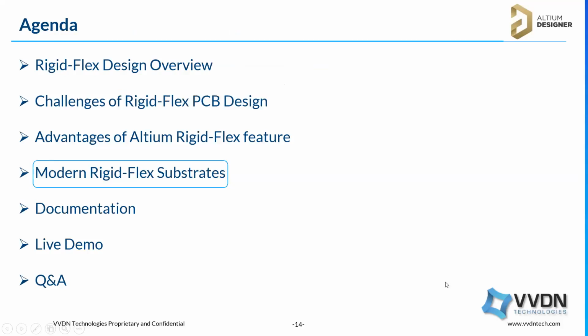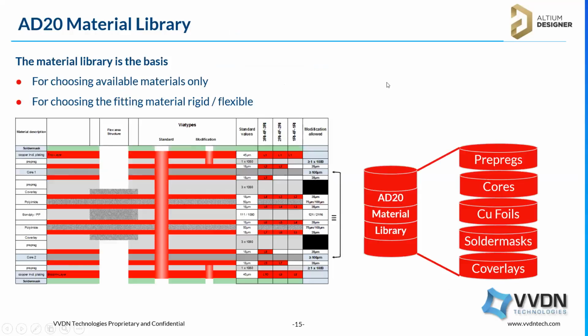Modern rigid-flex substrate. As we mentioned, we have a material library for substrates also. From the material library we can choose available materials, and if a material is not present, we can add a customized material also. Under the Altium material library, prepreg, core, copper foils, solder mask, coverlay, everything is there, so we can choose and define our materials.